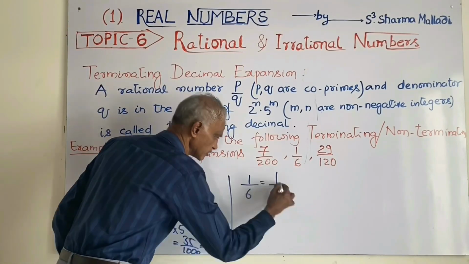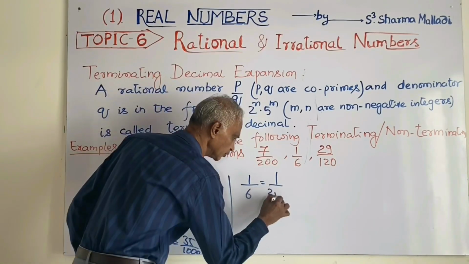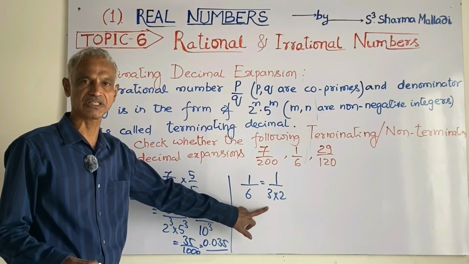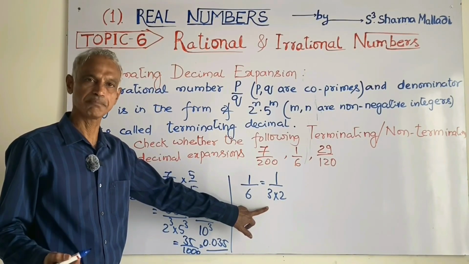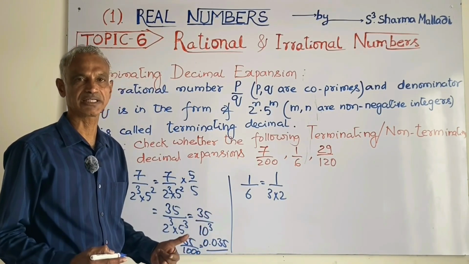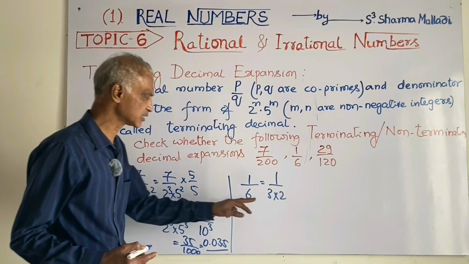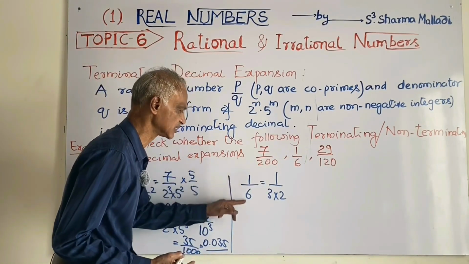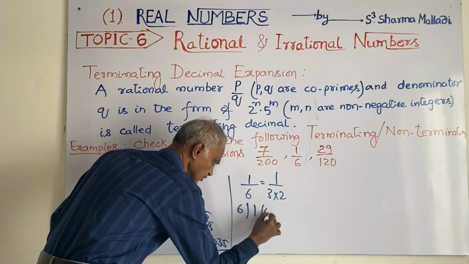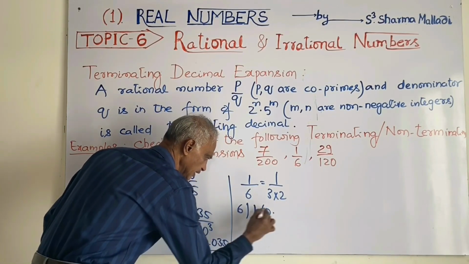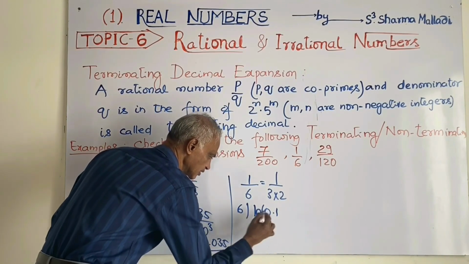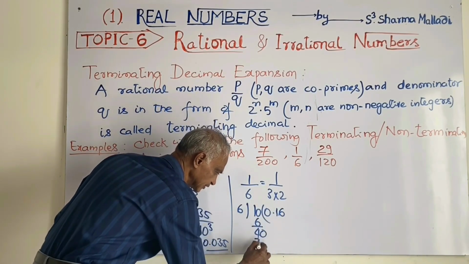1 by 6, it can be written as 1 by 3 into 2. The denominator cannot be written in the form of 2 to the power of n into 5 to the power of m, because 3 is there here. That's why it is non-terminating repeating decimal expansion. You divide 1 with 6. 6 1s are 6, 40. 6 6s are 36.